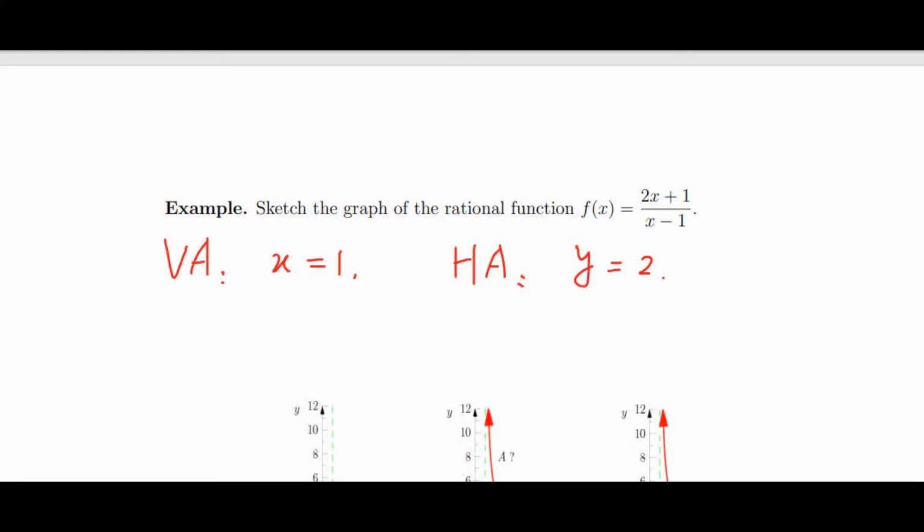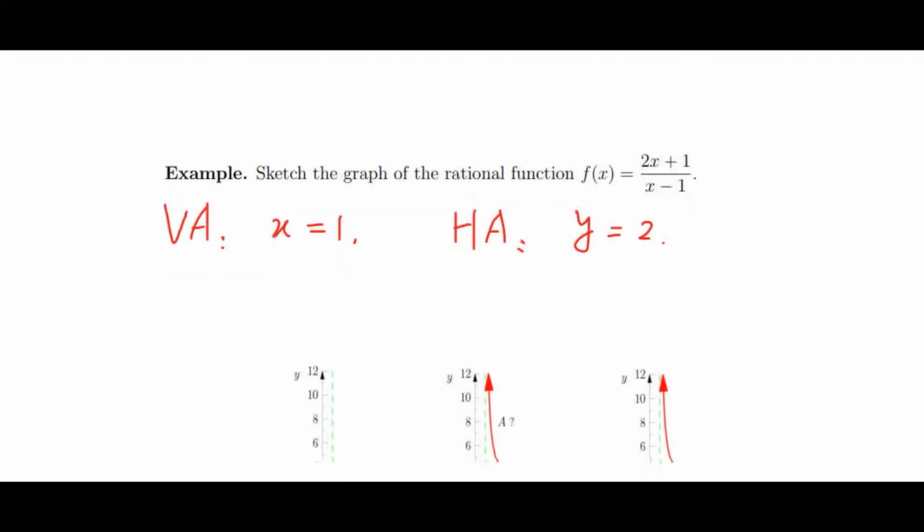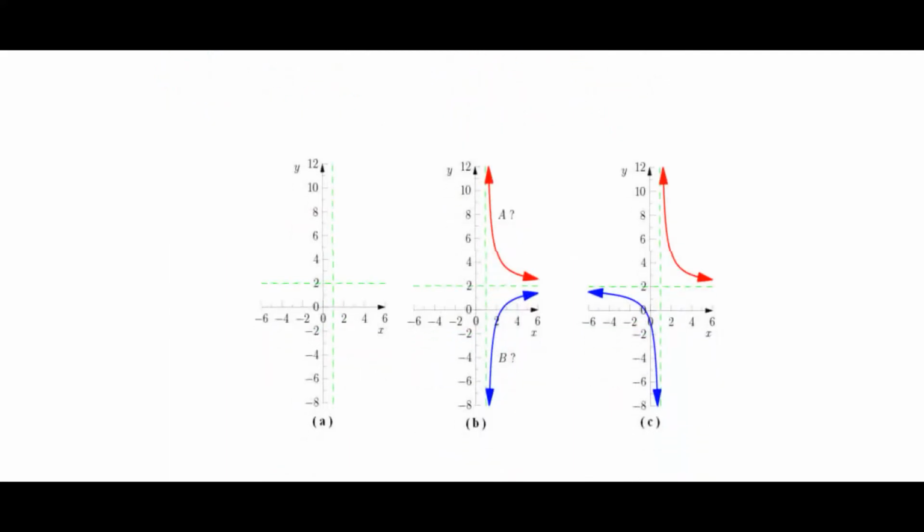So the graph just approaches those asymptotes. Like here, at first we draw these two asymptotes. Suppose we have those asymptotes, the approach can be this way, or this way, right?